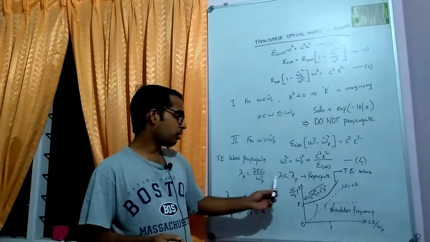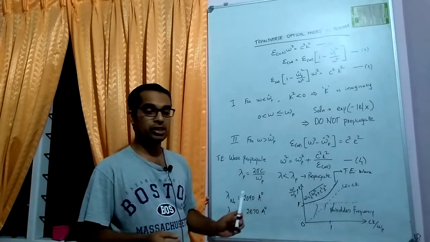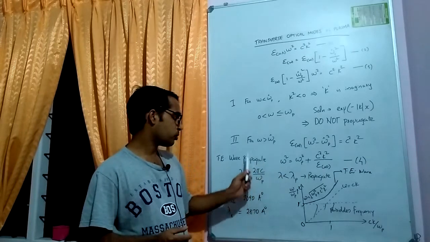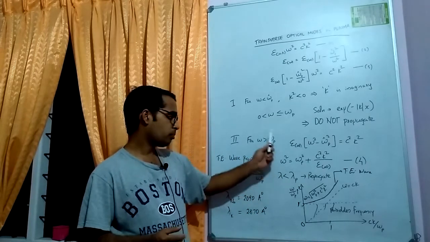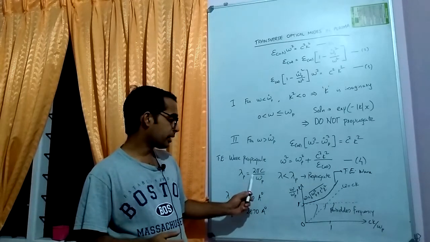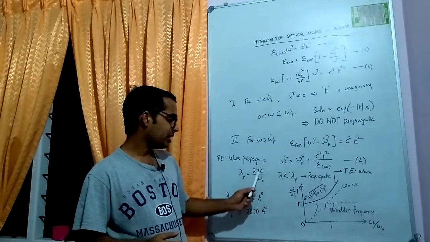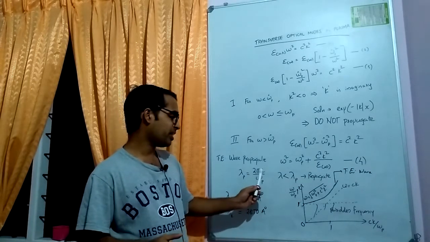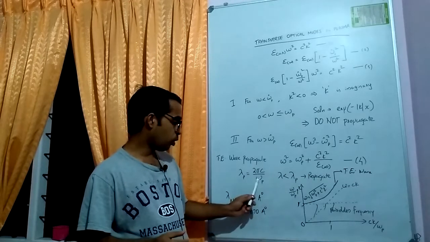If you want to know the characteristic wavelength corresponding to omega p, above omega p there is propagation, so the wavelength will be lambda is equal to 2 pi c by omega p.